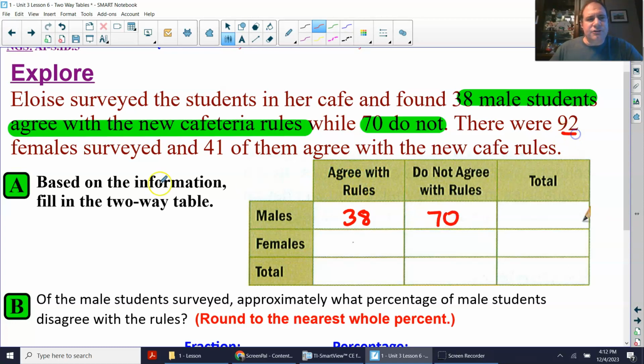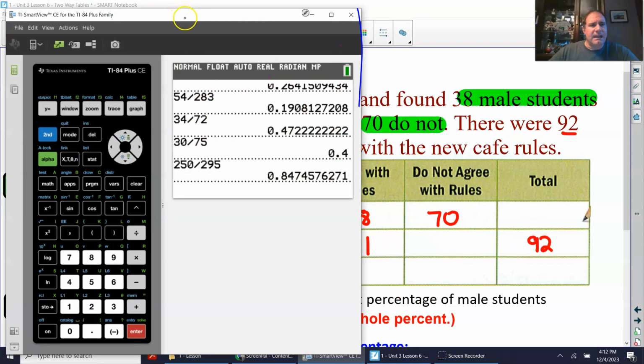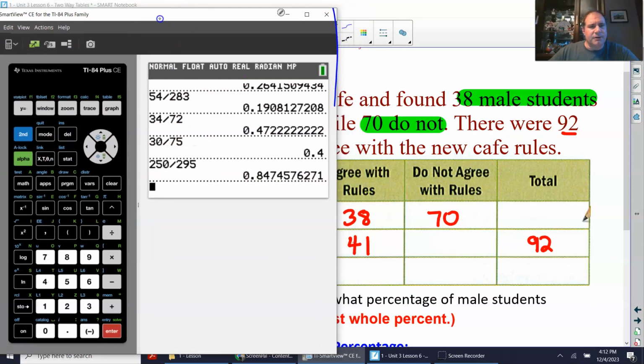There were 92 females surveyed. So I'm going to put females, 92. 41 of them agree with the new cafeteria rules. Agree. So now we have enough information that we could just go ahead and add, and that's what I'm going to do.